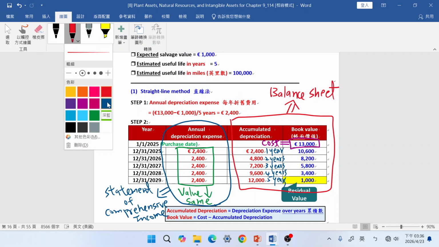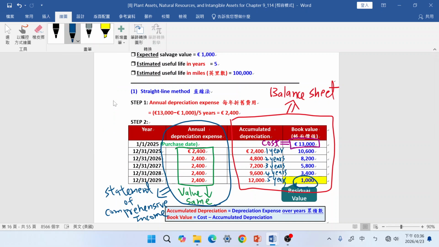So how could you do the double check? This number has to be your residual value, okay? Because that's our expectation. We expect on the last day, the PP's value is the residual value. So that's how we double check your answers.